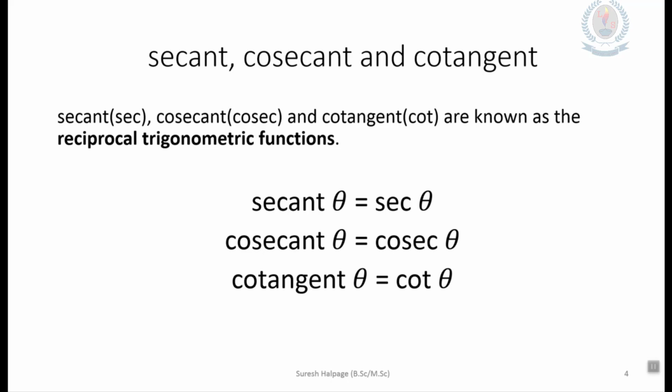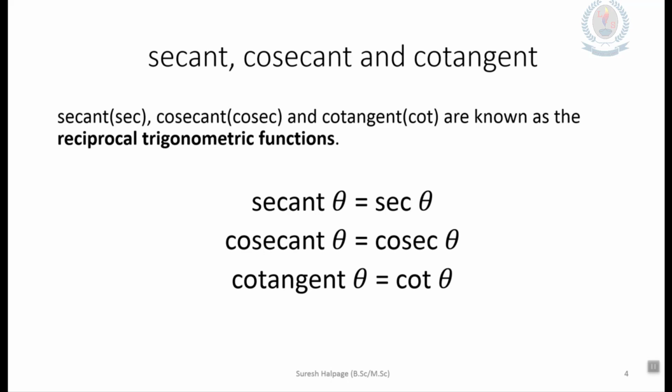Secant, cosecant and cotangent. I want to introduce you to 3 more trigonometric functions: secant, cosecant and cotangent. The first trigonometric function is secant, secant theta. First we have some angle theta.